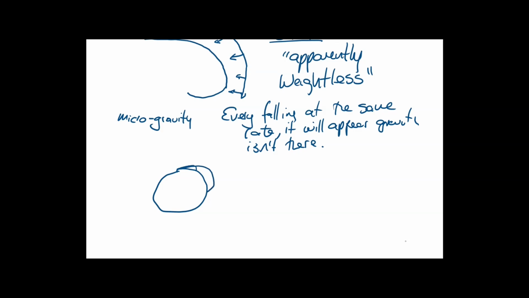But if you fire one fast enough, it'll have enough energy to move out and into orbit. So it's always being pulled towards the center of gravity of the Earth, but it's also going that way. And those two forces combine mean that it is orbiting the Earth.